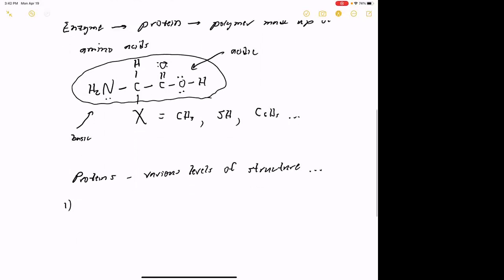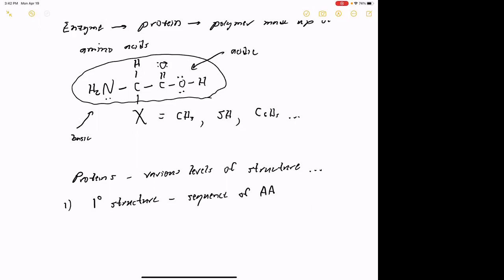So the first level of structure that we have to think about is going to be what we call the primary structure, and that's what that little symbol means. And what the primary structure is going to define for us is actually the sequence of the amino acids in the chain. AA, of course, here stands for amino acid. All right, so that's the first thing we have to think about.